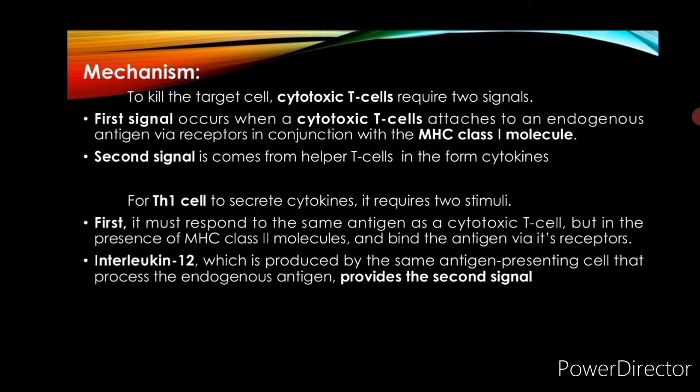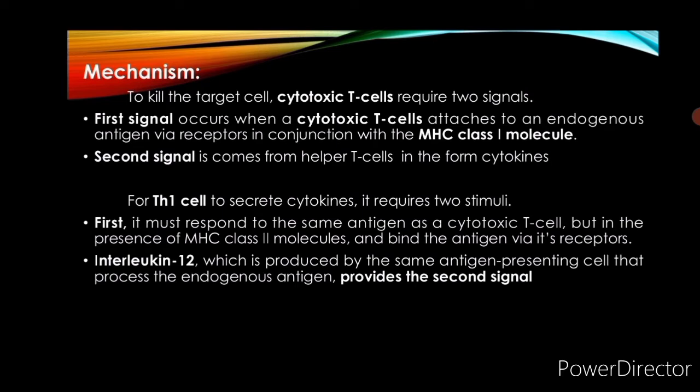Interleukin 2 and interferon gamma, as well as IL-2 receptors, are secreted by the helper T cells. The second cytotoxic cell signal is interleukin 2 or IL-2. Th1 cells are the only ones that generate IL-2.